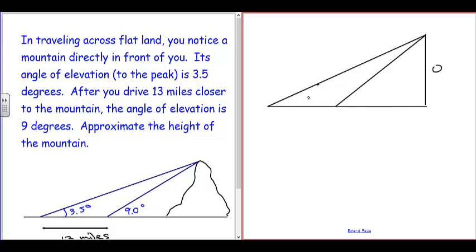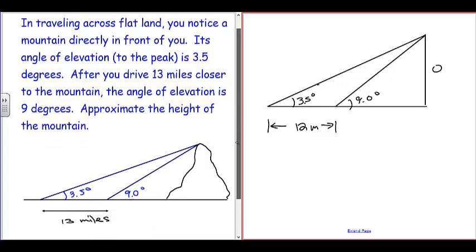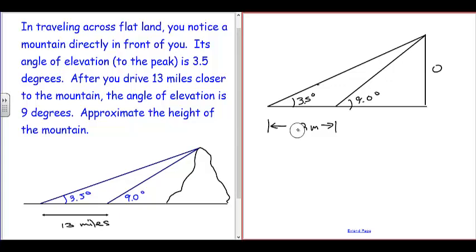Okay, this is 3.5 degrees, this is 9 degrees, and this distance here is 12 miles. So we're going to figure out the height in miles. Actually, that says 13, doesn't it? Not 12, it's just 13 miles.